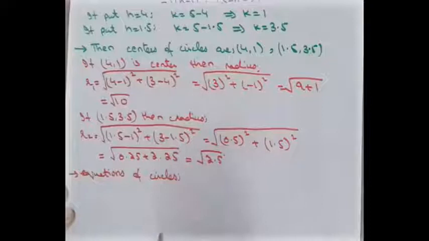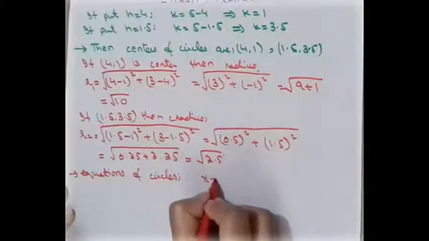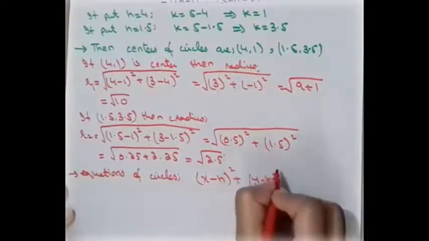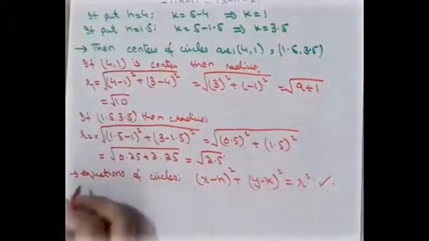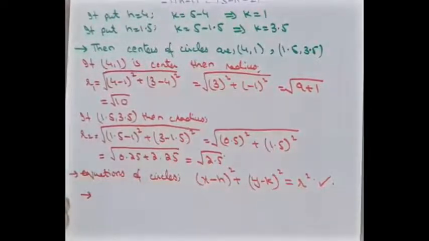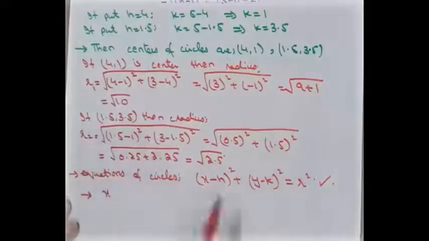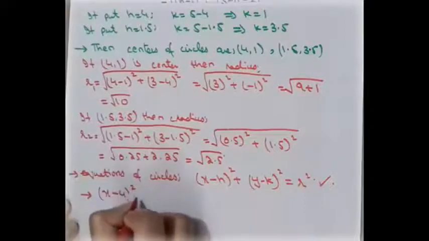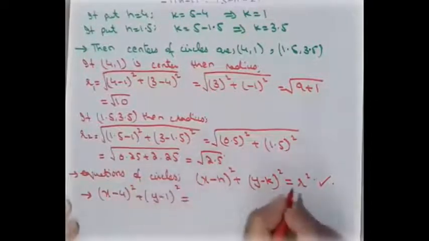So the standard form of the equation of a circle with center h, k is (x minus h) squared plus (y minus k) squared equals r squared. So basically we use this. The first equation of a circle with this center and radius: we just put the values of center and radius in this. x minus h will be 4, so (x minus 4) squared plus (y minus 1) squared equals r squared.